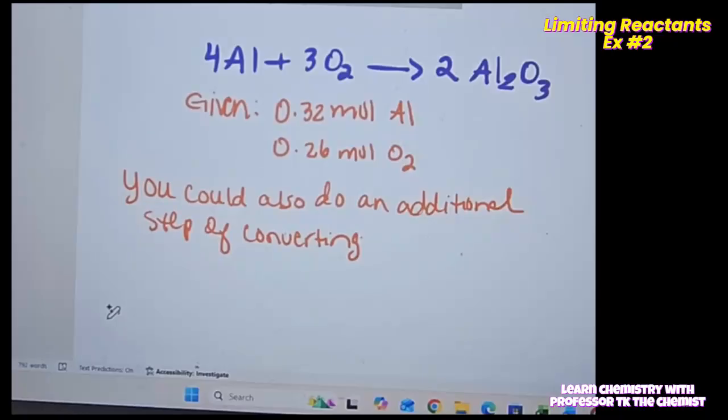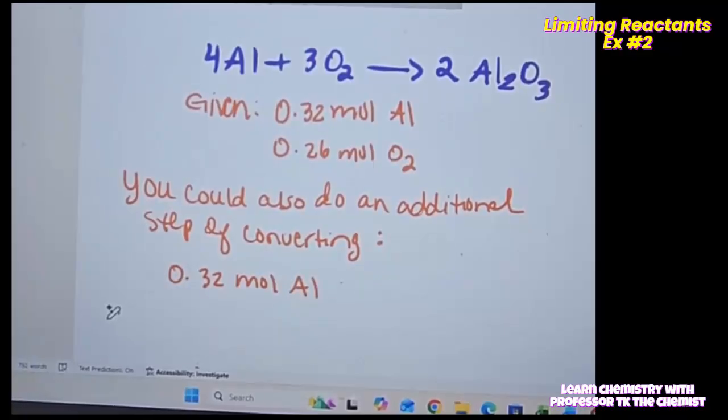Sometimes you may end up with a different answer, but this is where doing the extra processes will show that to you, okay? So if your teacher tells you to provide a solution to the problem by backing it up, this is one way. This is an alternative way, but what you also need to do is understand that when you have to show your work, this is what I'm referring to. You could take that 0.32 moles, right, of aluminum.